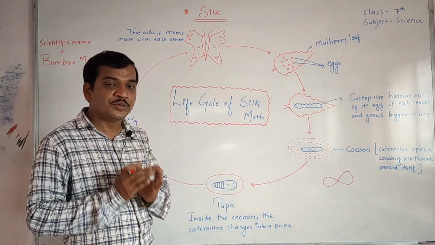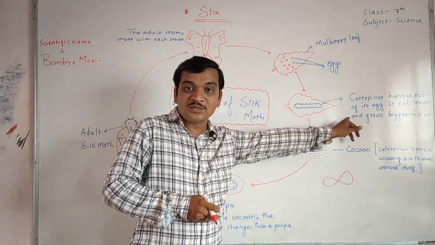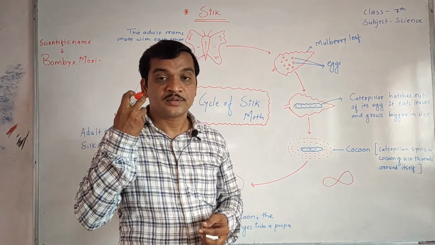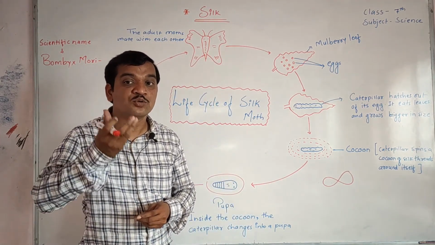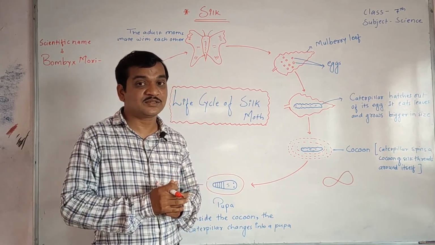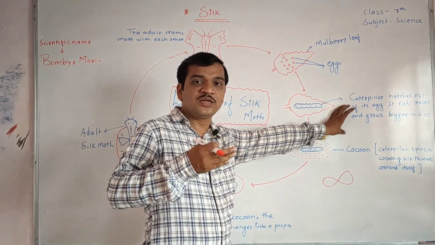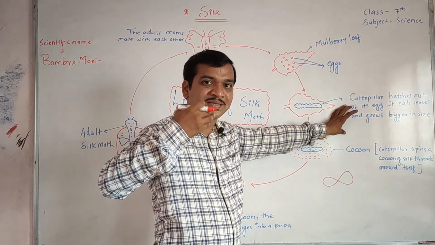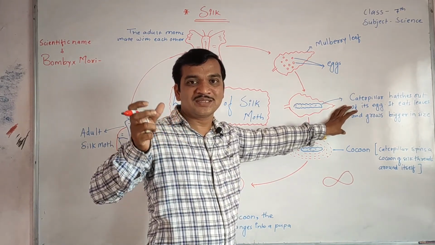During these days they grow bigger in size, and the glands develop which produce a sticky substance. Their only work is to feed on mulberry leaves, grow big, and develop the glands which produce the sticky substance.